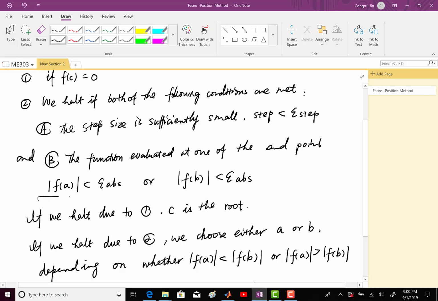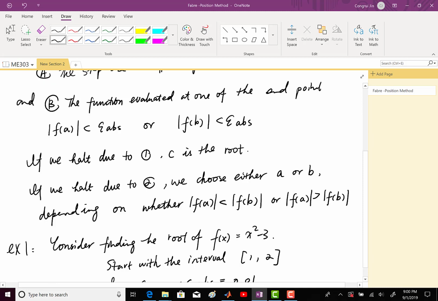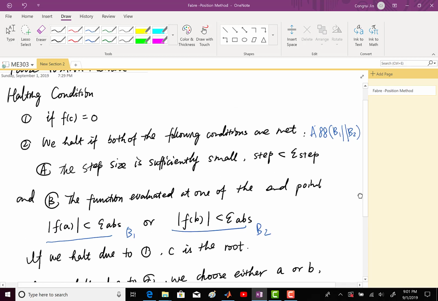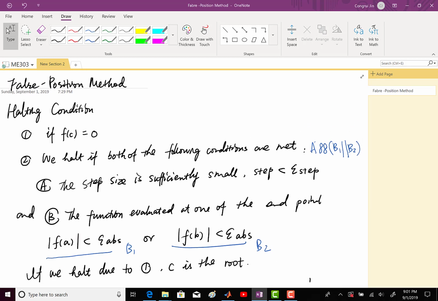If we call this condition B1, and this is condition B2, then the second condition is condition A and condition B, and condition B is B1 or B2, right? So this is very similar to the halting condition of the bisection method. The only difference is that instead of using the width of the interval, here we use the step size.